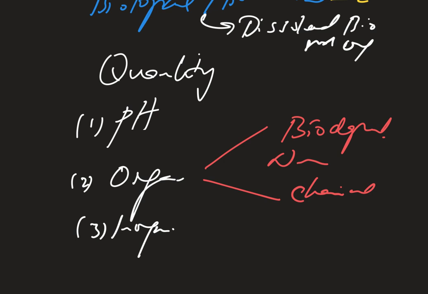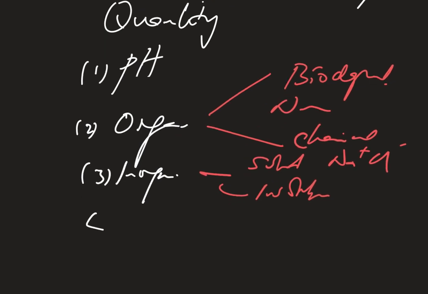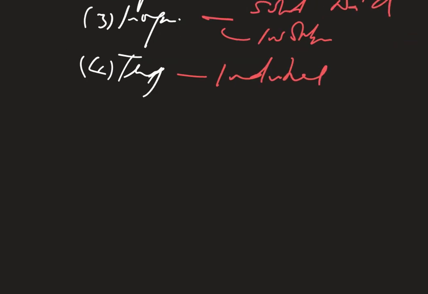Inorganics we can consider as soluble or insoluble. Soluble normally can be salt, for example NaCl. All these are salts. So pH you know, and temperature as well. Temperature normally is very nominal in industrial wastewater. So this is what we call wastewater treatment.